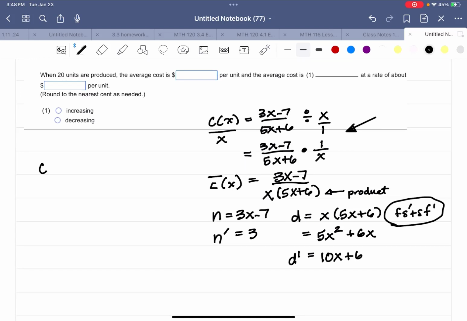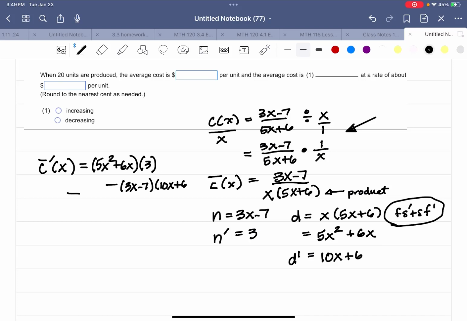So my C bar prime of x is my denominator, 5x squared plus 6x, times the derivative of my numerator, 3, and then that's going to be minus the numerator, 3x minus 7, times the derivative of the denominator, 10x plus 6.